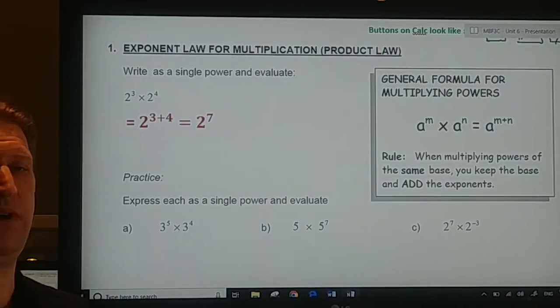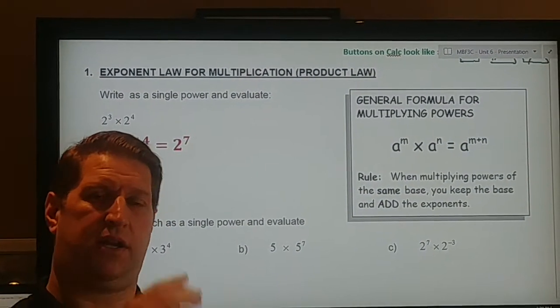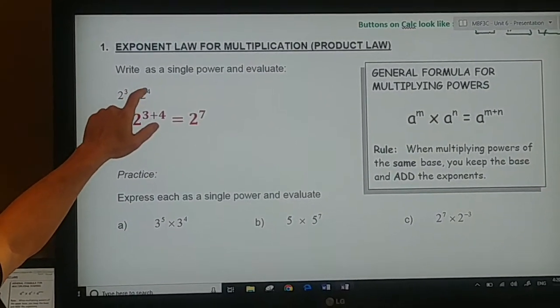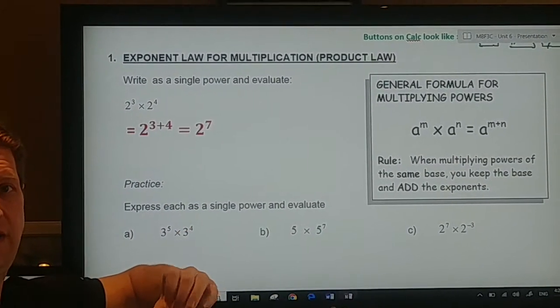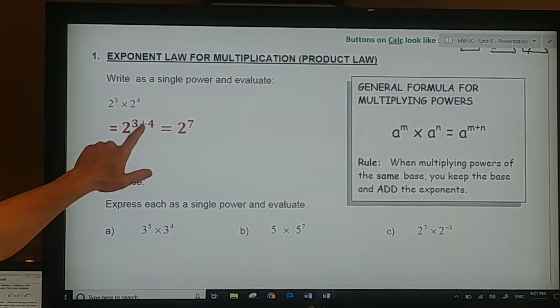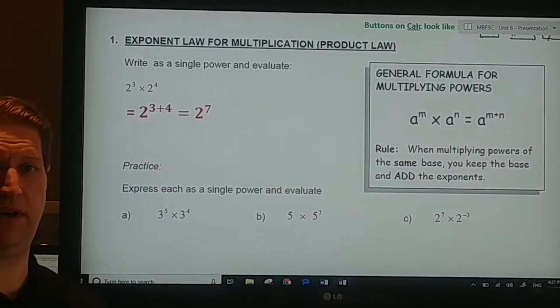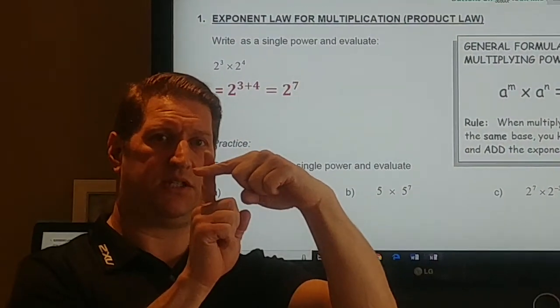Your teachers may have previously shown you this as multiplication becomes addition. So in our first example, we have 2 to the power of 3 times 2 to the power of 4. And rather than expand each number and then multiply, simply keep the base 2 and just add the two powers, so it becomes 2 to the power of 7. So one more time, multiplication becomes addition.